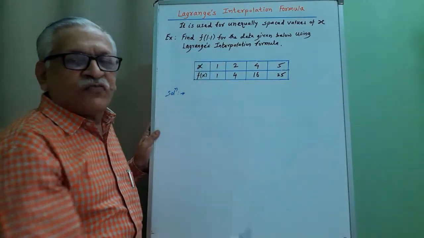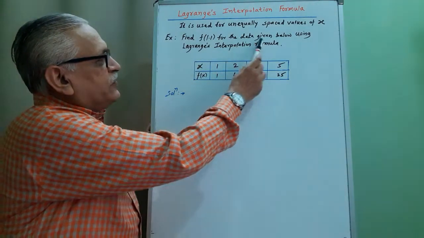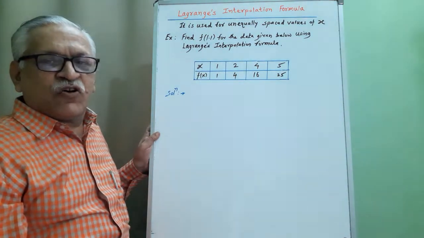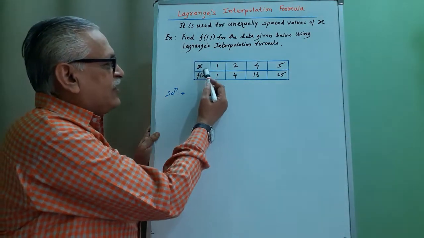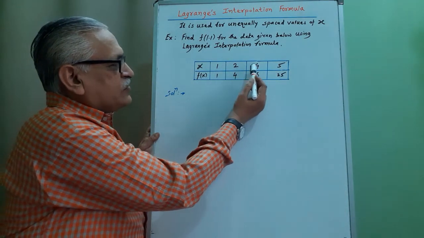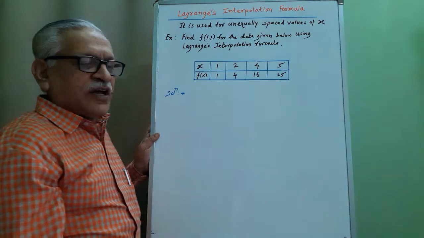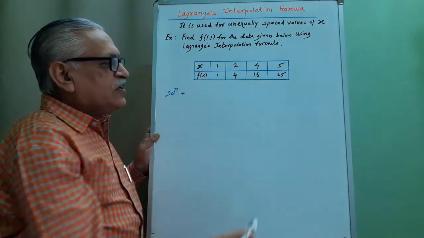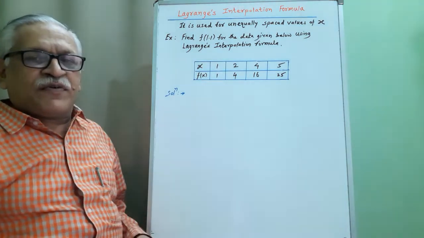Find f at 1.1 for the given data using Lagrange's interpolation formula. Here we have the values of x and f of x. Values of x are 1, 2, 4, 5 and the corresponding values are 1, 4, 16 and 25. These are the values of f of x.